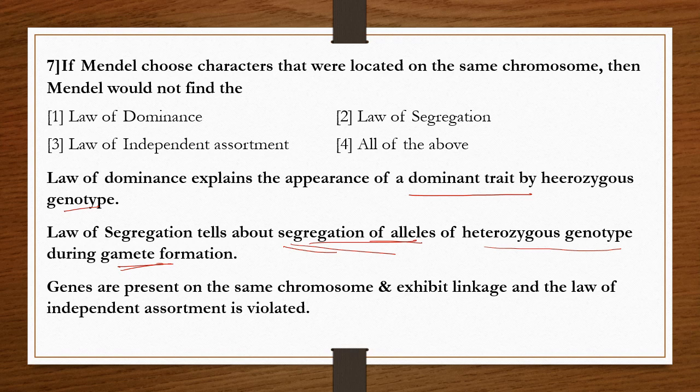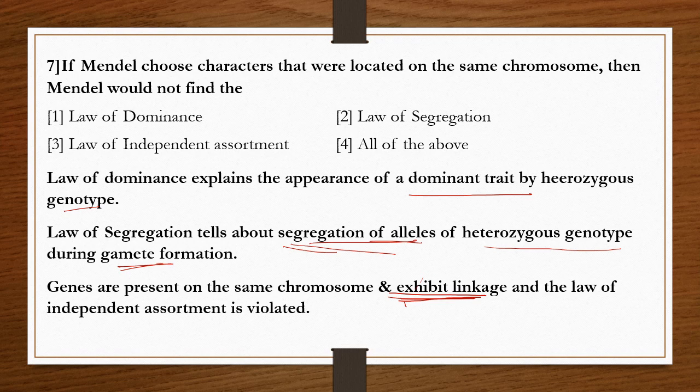So what is the question? If Mendel chose characters located on the same chromosome, then they exhibit linkage. Linked genes are inherited together. They are not separated.